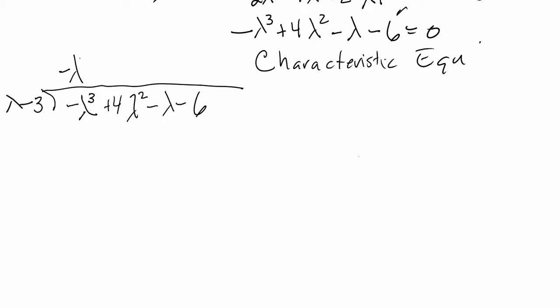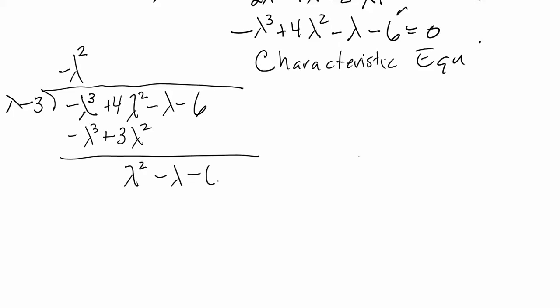So first term is lambda squared, which gives us minus lambda cubed plus 3 lambda squared. When I subtract that off, those cancel each other out, and I have only 1 lambda squared minus lambda minus 6. And so when I continue the division, I'll need to have plus lambda.